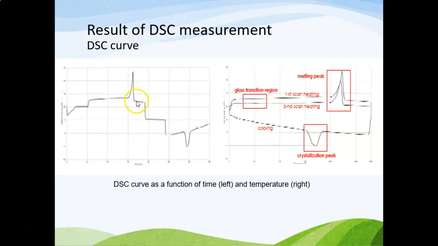The first peak that appeared is the melting temperature and the last one is the crystallization temperature if we plot it against time. And if you plot against temperature, the first scan hitting the melting peak will appear first, and when we cool it, the graph will appear after the second heating.